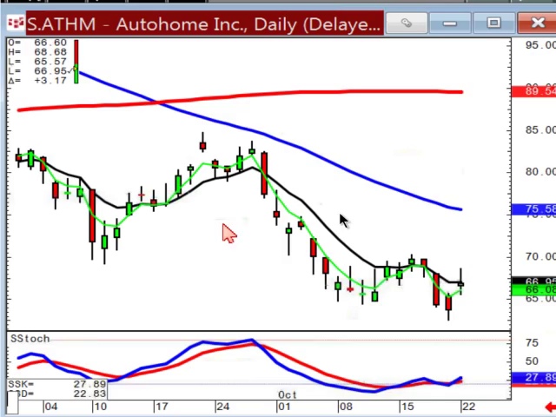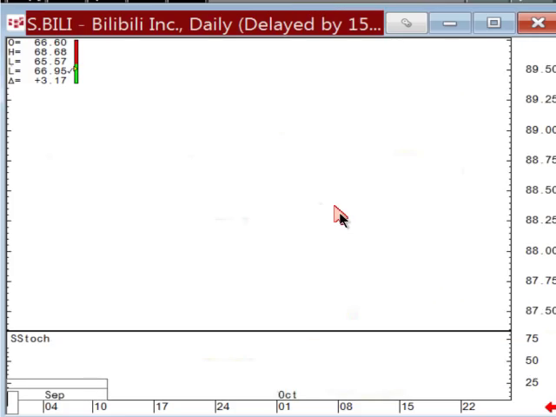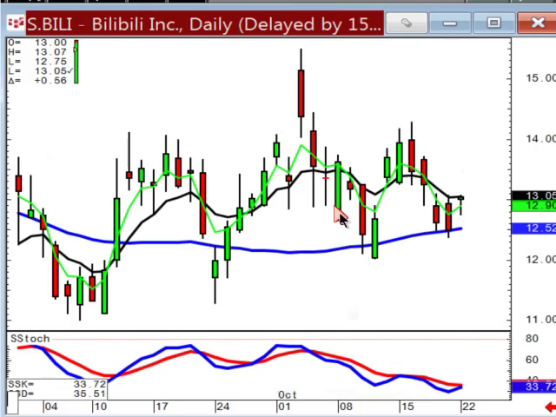Billy gapped up above previous day's open. You can buy on positive trading, bullish flutter kicker off the 50-day moving average.